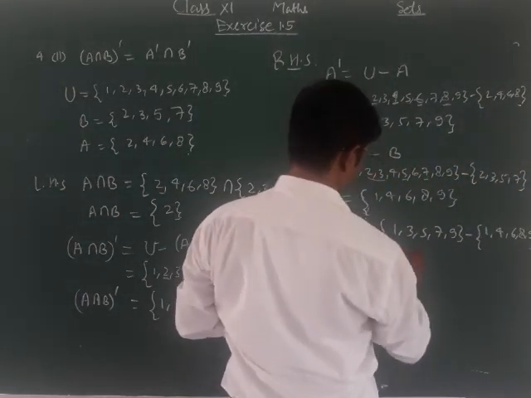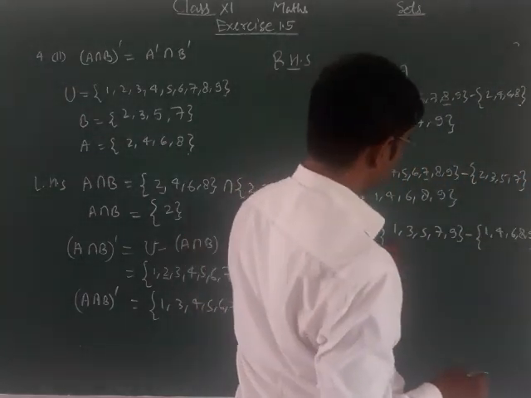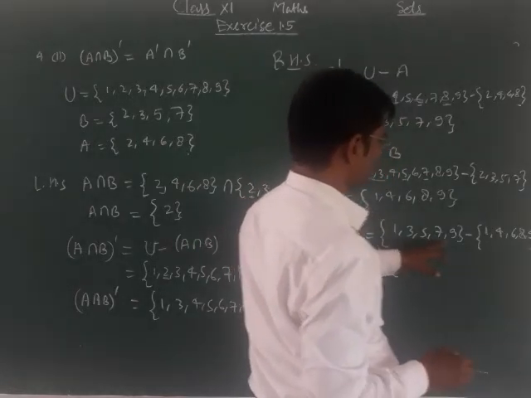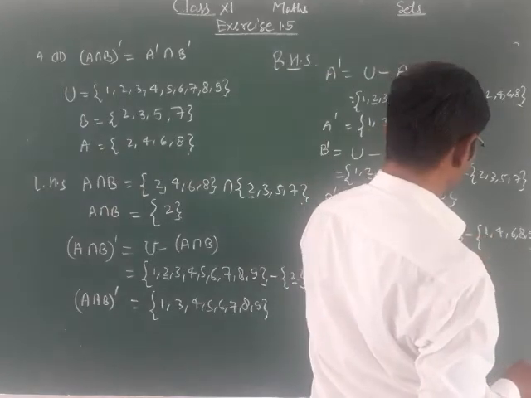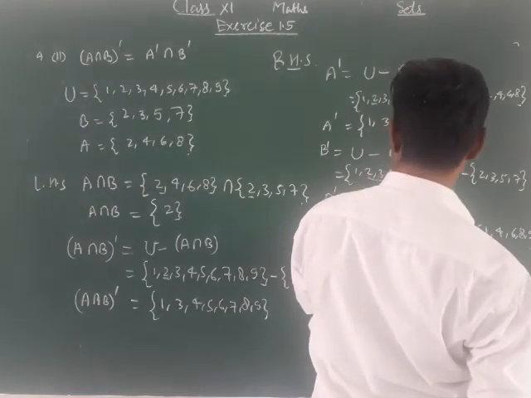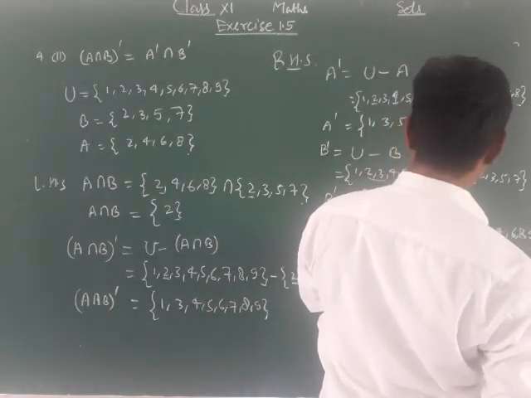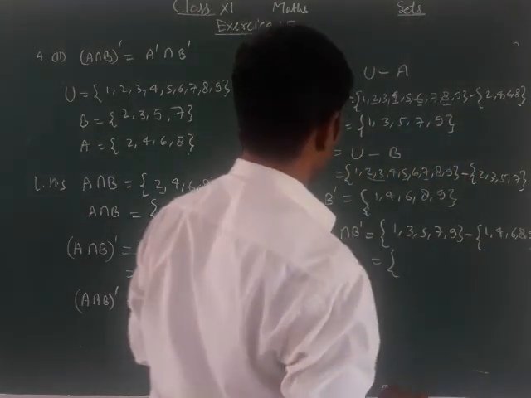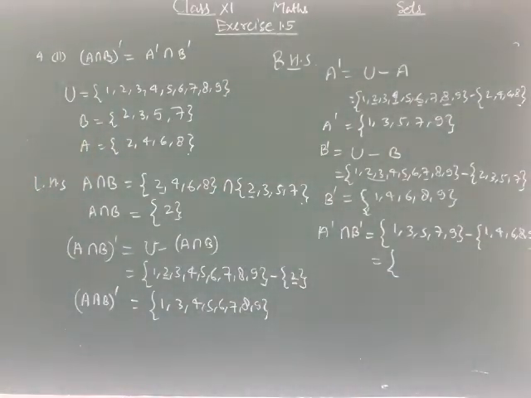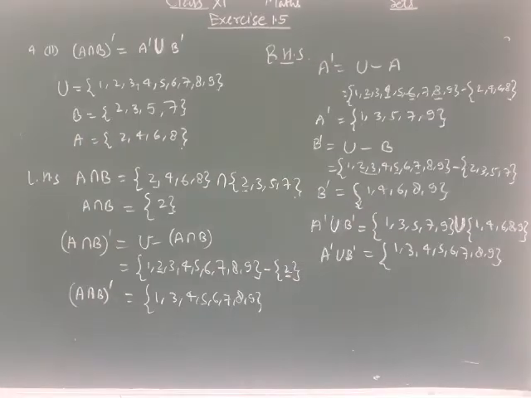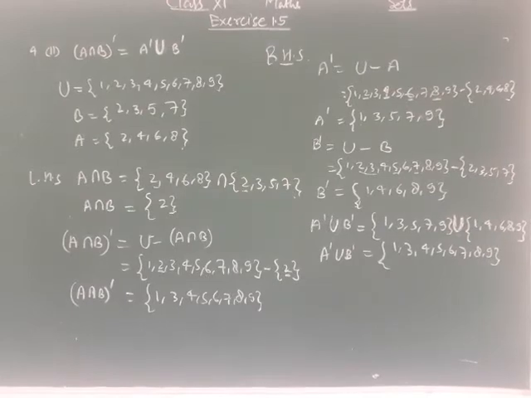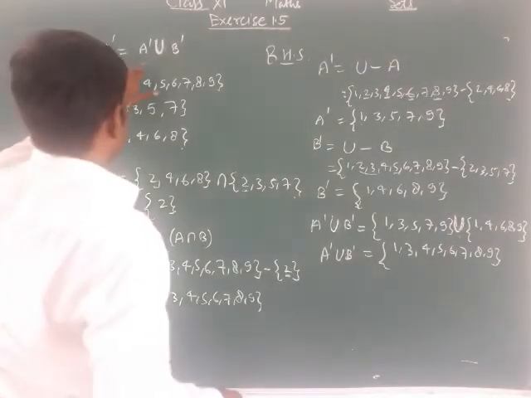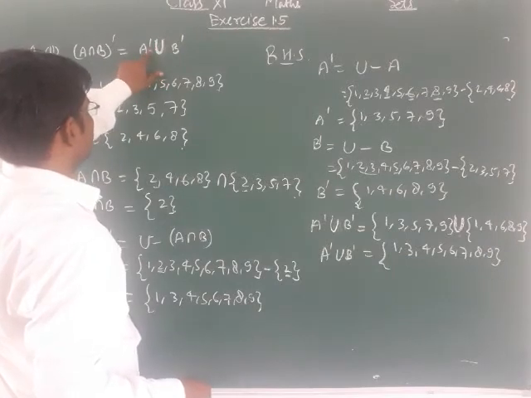So those elements present in this set. So A intersection B dash.